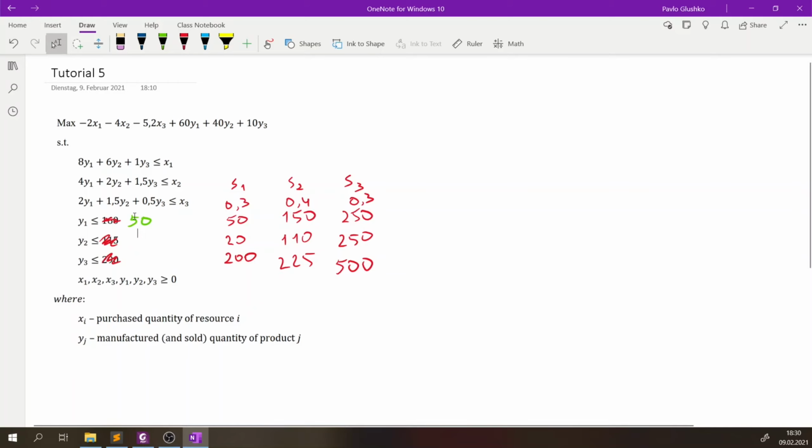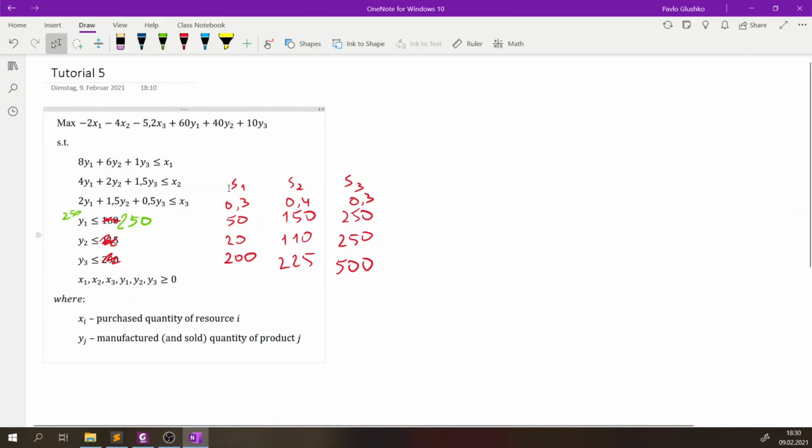Now let's assume what will happen if I choose the value of this parameter to be 250. So we choose that y1 should be less than or equal to 250. We optimize this model, and let's say that the production in our solution is 250.